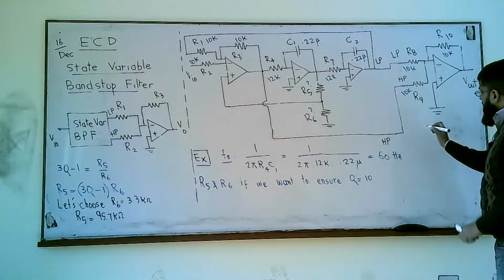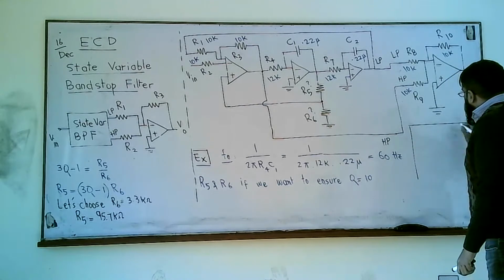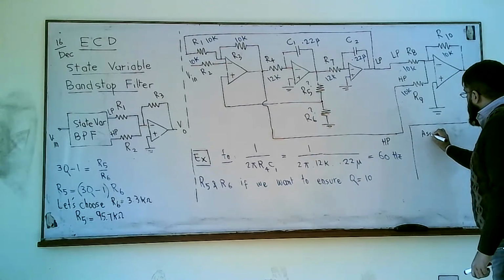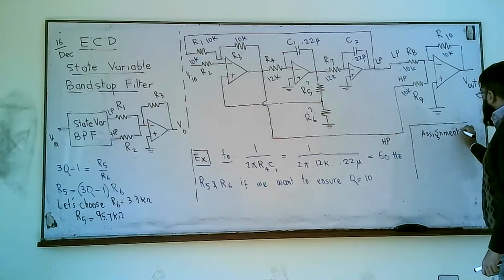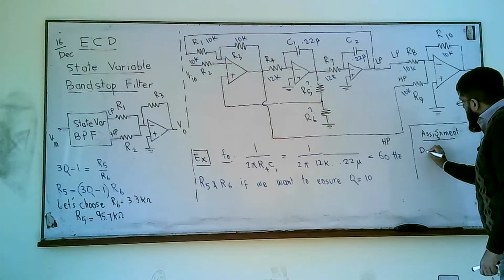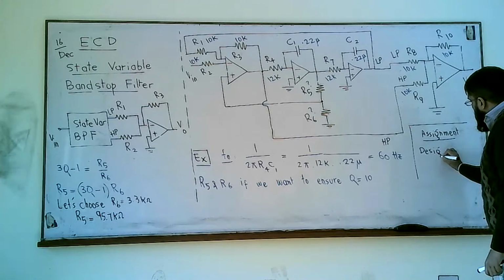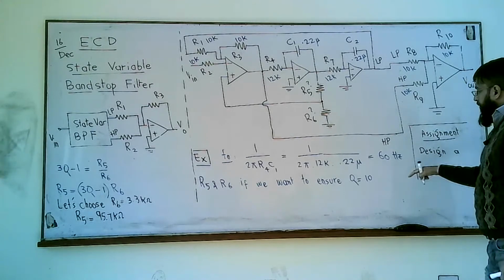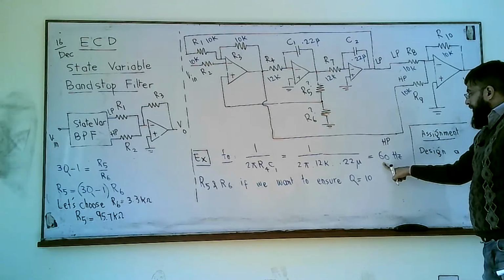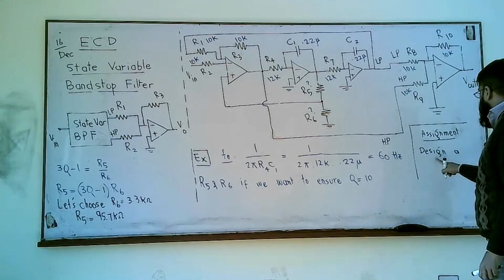So before we conclude this lecture, here is an assignment for you. Assignment is that you have to design. We already know that there are two hums. One is at 60 hertz, the other is at 120 hertz.